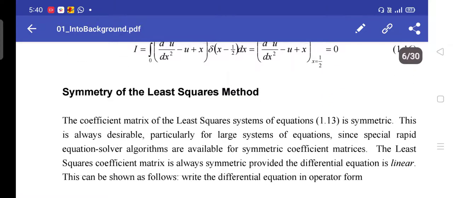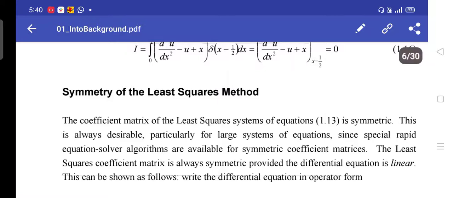Symmetry of the least square method. The coefficient matrix of the least square system is symmetric. This is always desirable, particularly for large systems of equations, since special rapid equation solver algorithms are available for symmetric coefficient matrices. The least squares coefficient matrix is always symmetric, provided the differential equation is linear.